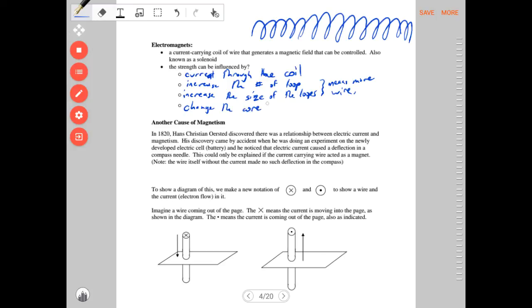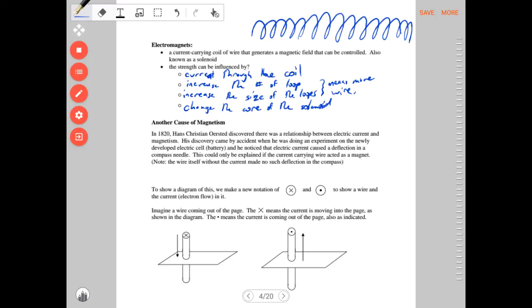And the last one, if we change the core of the solenoid, basically we can wrap this wire around and not just wrap it around the air. If this is hollow, it's called an air core solenoid, and it can be a decent electromagnet.